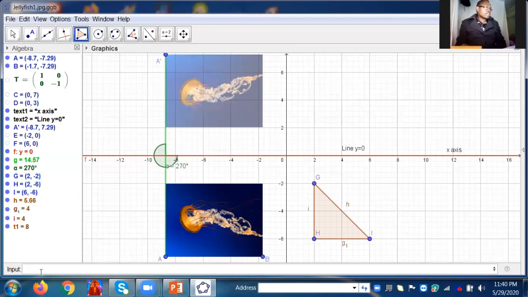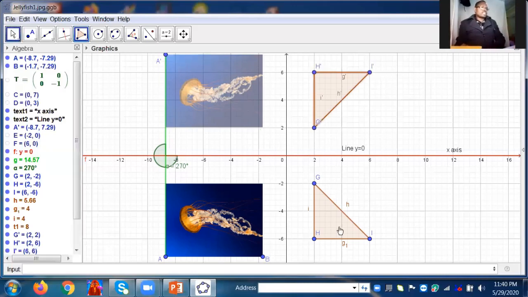And then we can apply the matrix. Our matrix is T, and then our object is T1. And this gives us an image, and that image is G prime, H prime, I prime.